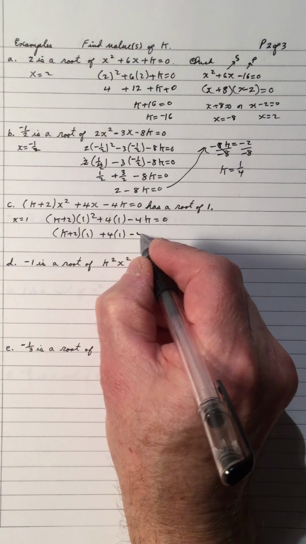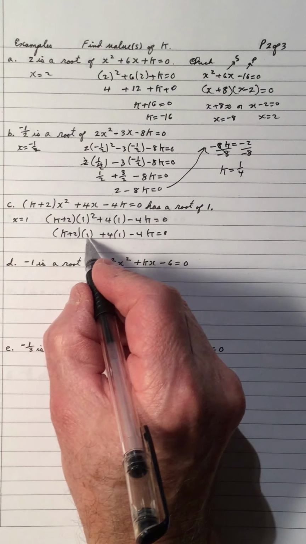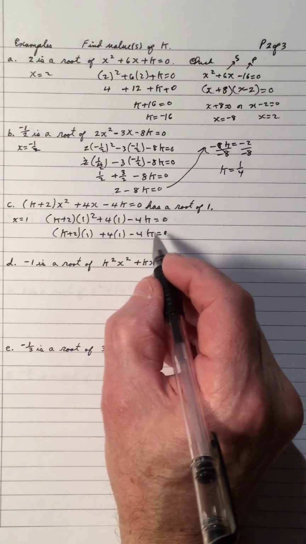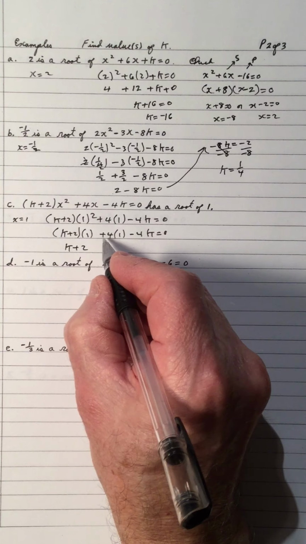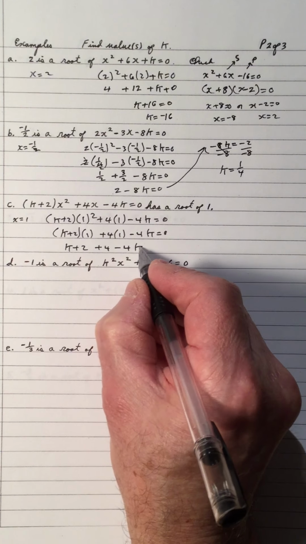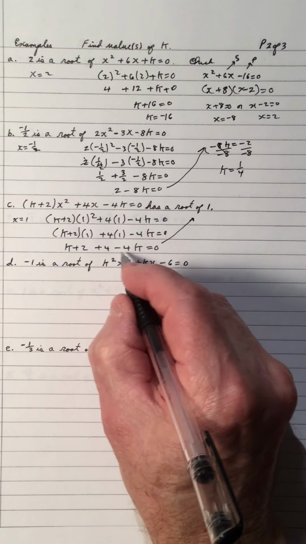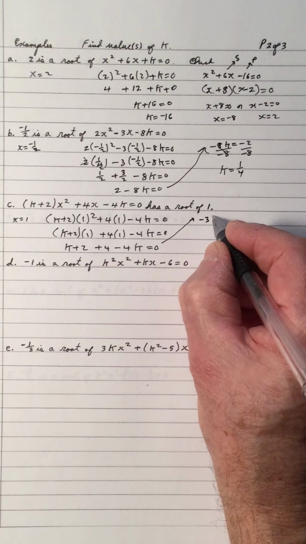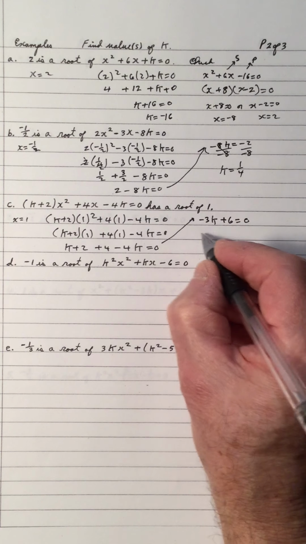And just do one step at a time. Now I have to multiply before I subtract. So 1 times k plus 2 is k plus 2. 4 times 1 is 4 minus 4k. And simplify each side first, so we get negative 3k plus 6 equals 0.